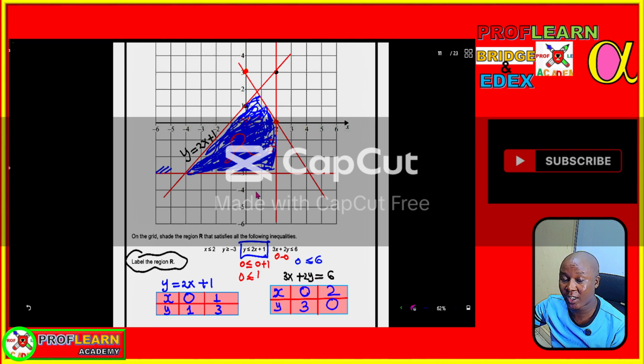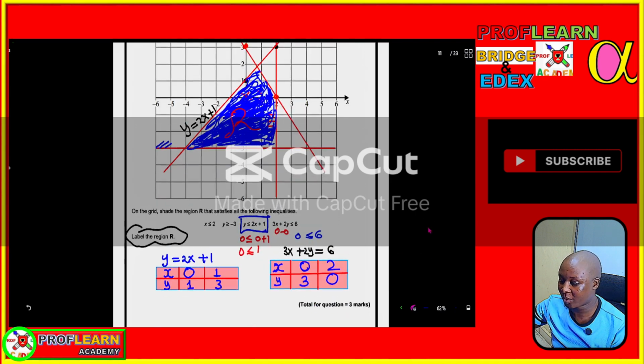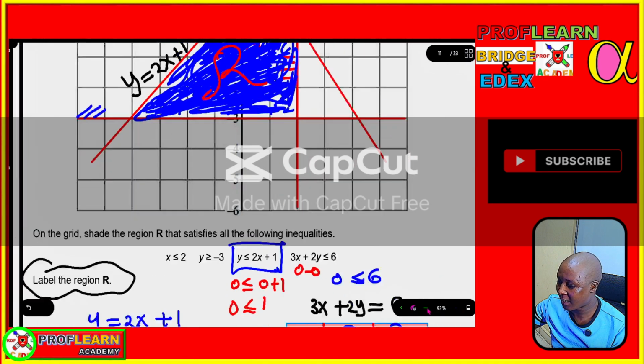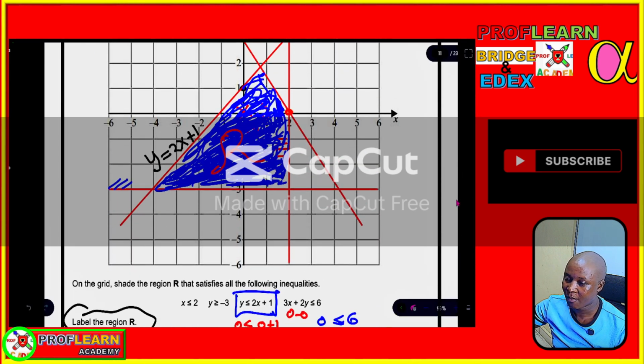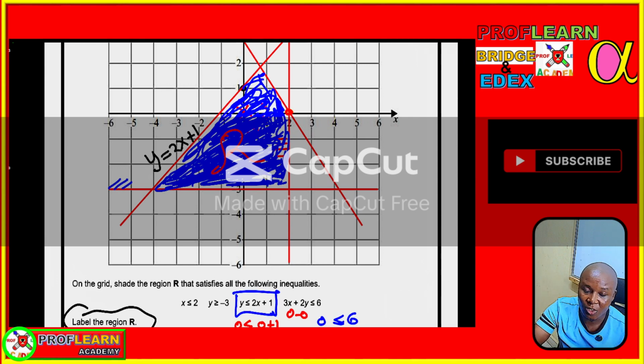So you can be given inequalities to shade, like the one that we have done here, or you can be asked to come up with the inequalities from the shaded region. You need to be prepared for both scenarios.